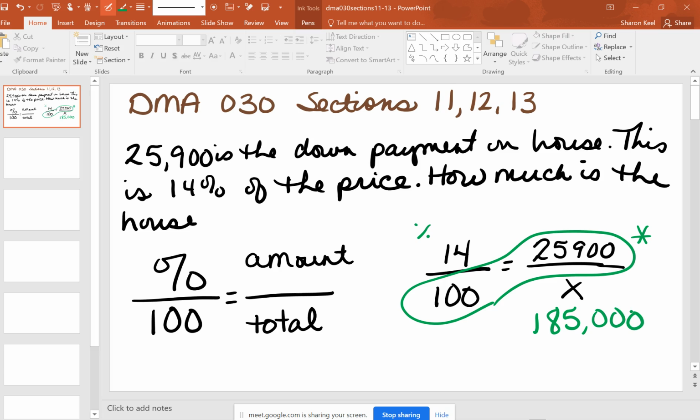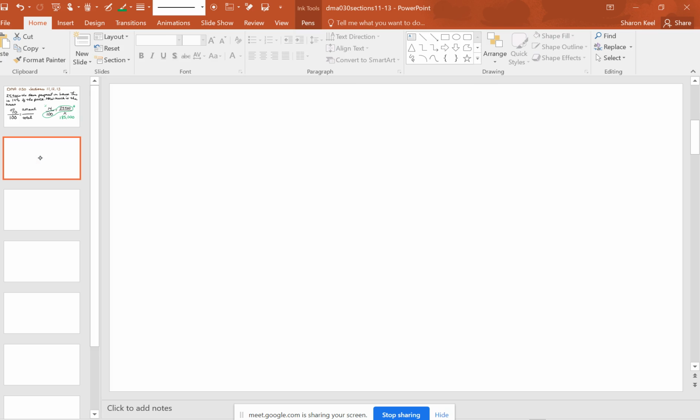Anytime you're doing any of these word problems, they generally have you change the percent to a decimal and either multiply or divide. I like to still use proportions just because it makes everything flow and be a little bit easier to do.